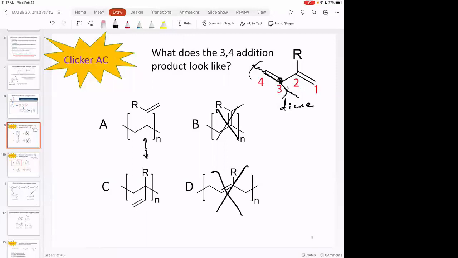You look at this 3 carbon right here, and I've got one bond to carbon 2, and then another step to carbon 1. So it can't be C, it has to be A. I have a single bond to carbon number 2, and then I've got carbon number 1 right here, because I did 3,4 addition.